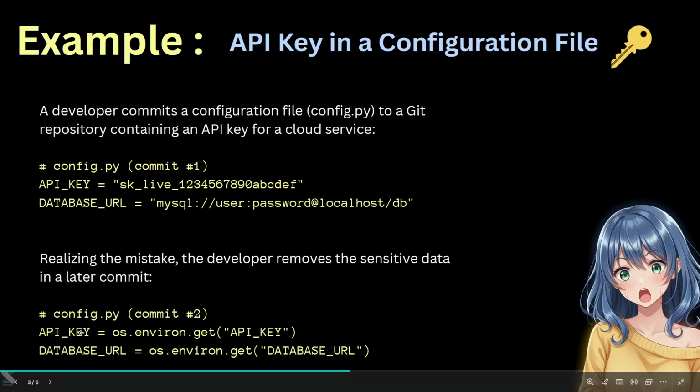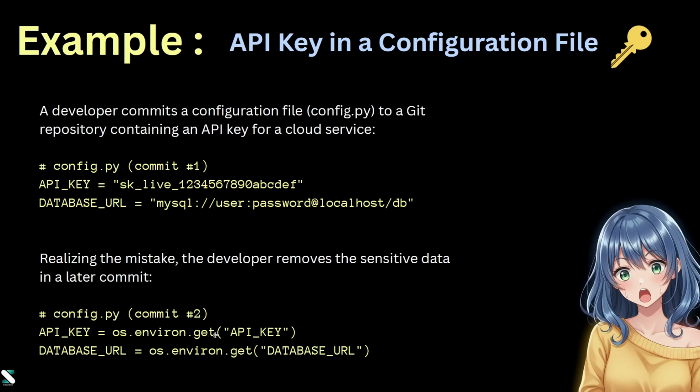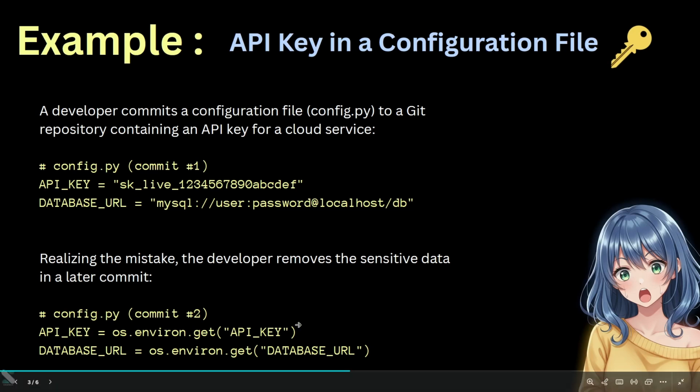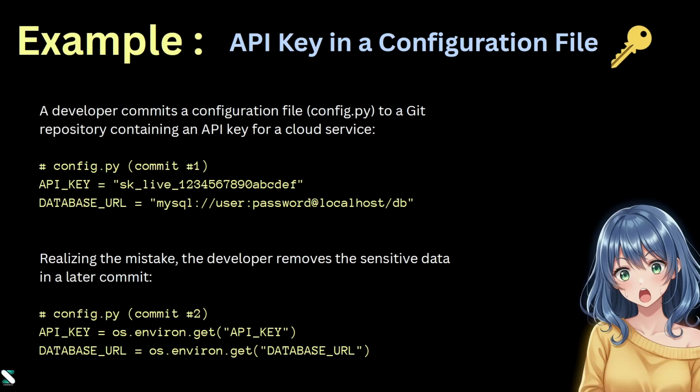He has created the variable and given it environment variable get API key. So it is now fetching the key and not directly storing the value here. Similarly, here also he has used the get function to get the value from a variable.